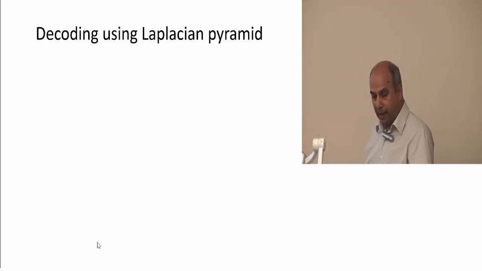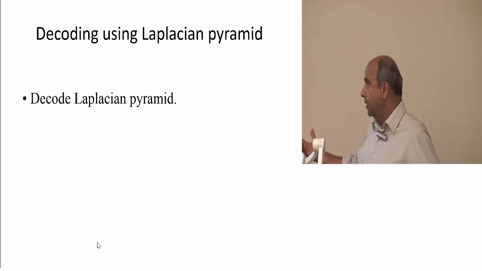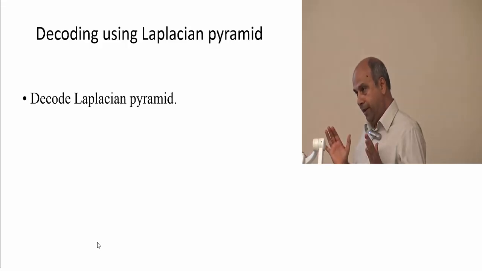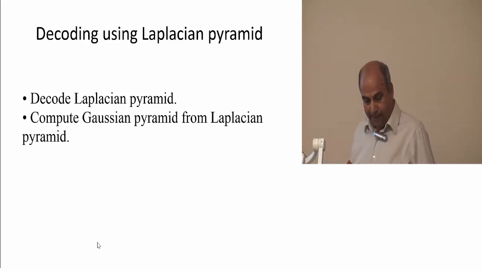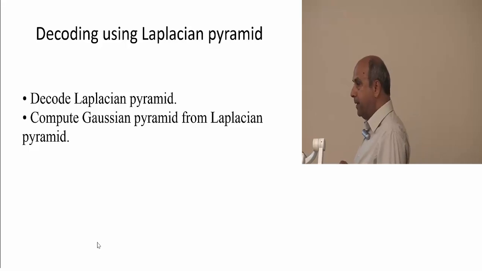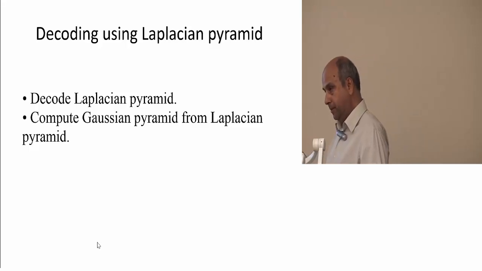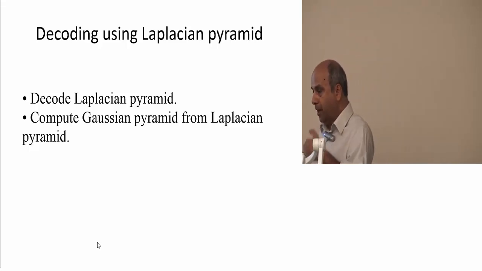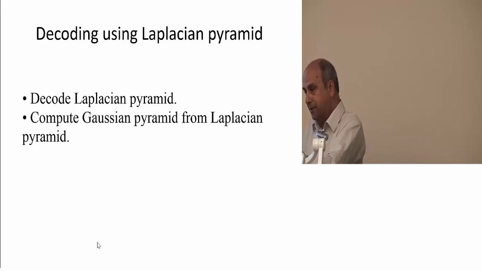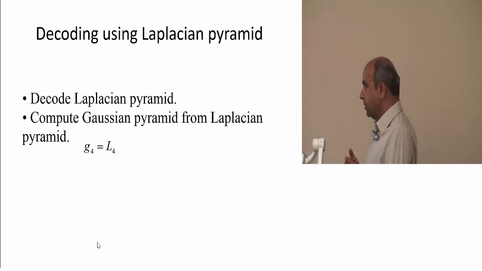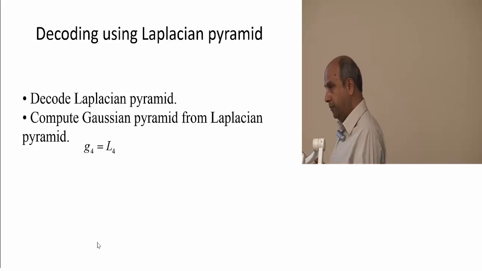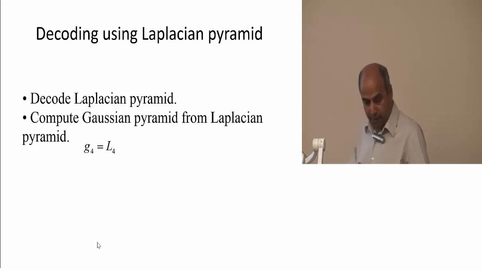So the decoding will happen like this: we are given the Laplacian pyramid, which was coded to save bits. Then we will decode it, and from the Laplacian pyramid we'll compute the Gaussian pyramid. Because from Gaussian we computed Laplacian by subtracting, now we'll do it the other way. The last level L4 is G4 of the Gaussian.